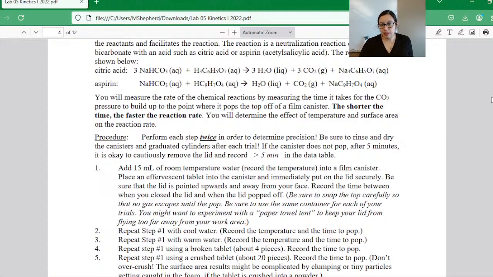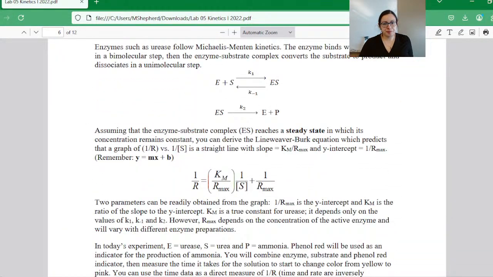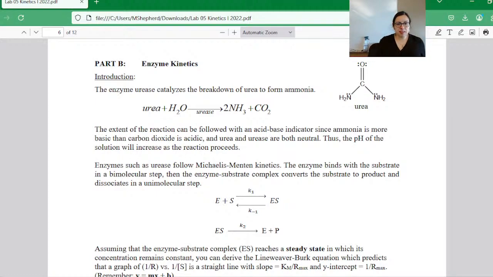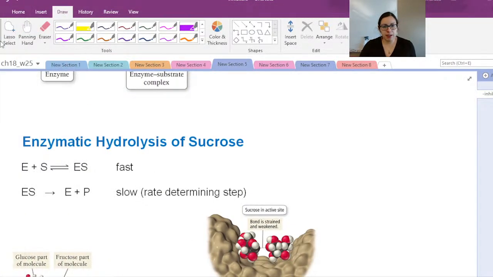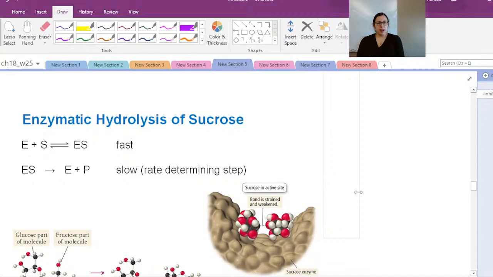All right, so that's essentially what we did. And this is now our lecture. So again, fast step: ES, enzyme substrate, and then our K2 here, enzyme plus product. That's where we are now in chapter 18, and now it's showing us the same steps.